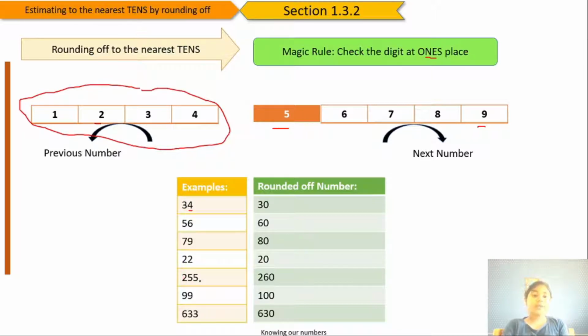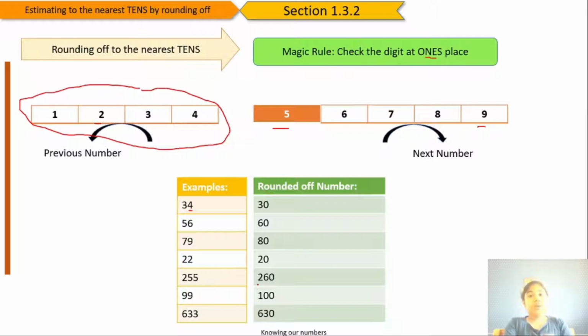We have 255. Oh, now what? It's a 3-digit number. We still can do this. So it says 55. Here it is check the digit at ones place. But not to forget, if you have a 3-digit number in rounding off to the nearest tens, you should also change the number which comes at tens place. So we have 255 here.